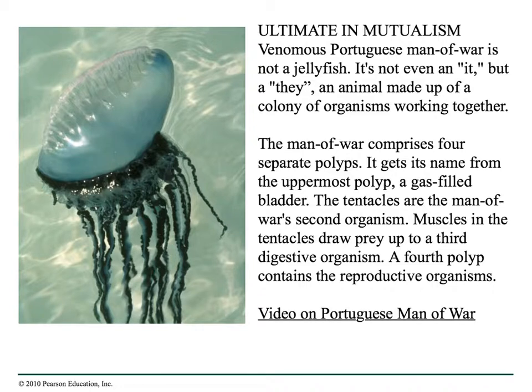Okay. The ultimate winner in mutualism is actually the venomous Portuguese man of war. For a long time, we thought that it was a jellyfish. We thought it was one single organism, but it's not even an it. It's a they.